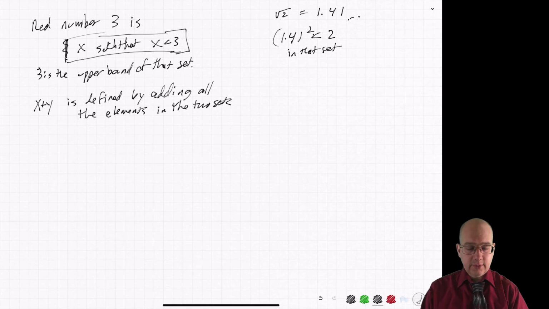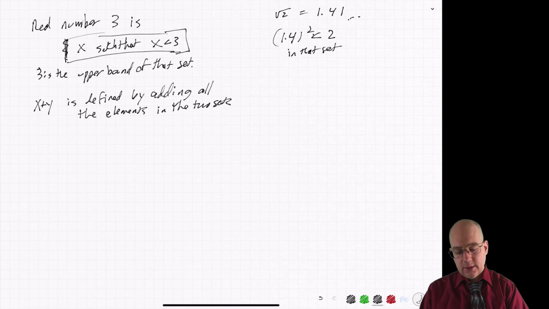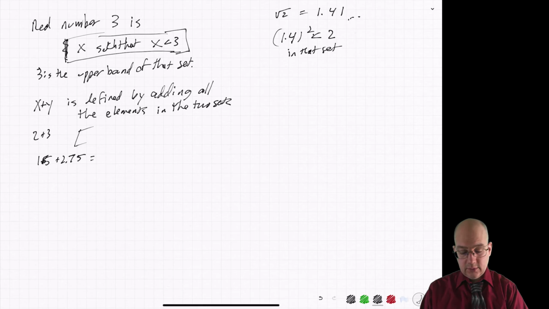That gives you a new set, and that's the real number. So like if I was doing 2 plus 3 here, then it would be like 1.5 plus 2.75, which is equal to 4.25, so that's in the set.